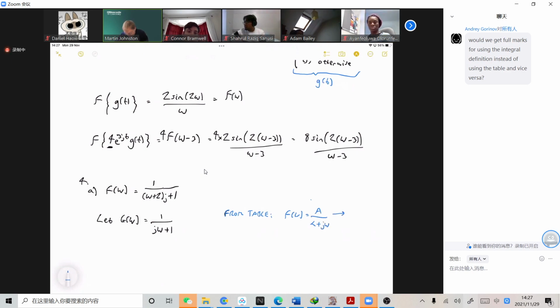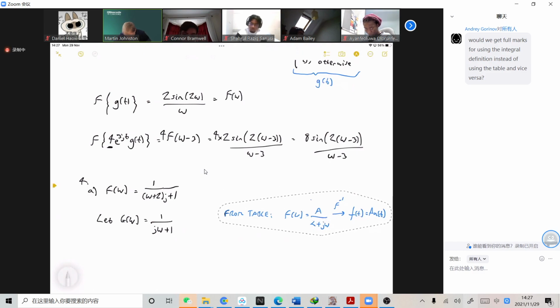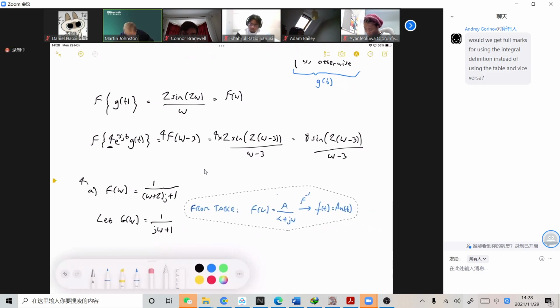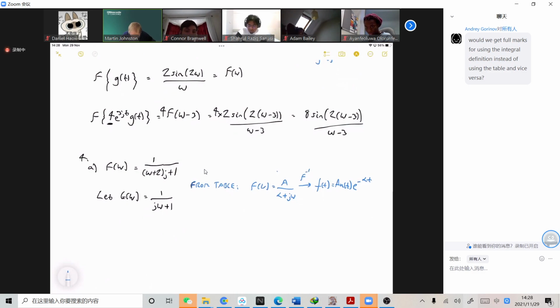Then the inverse Fourier transform will have f of t equal to a times u of t times e to the minus alpha t. Obviously in our case, a equals 1 and alpha equals 1.